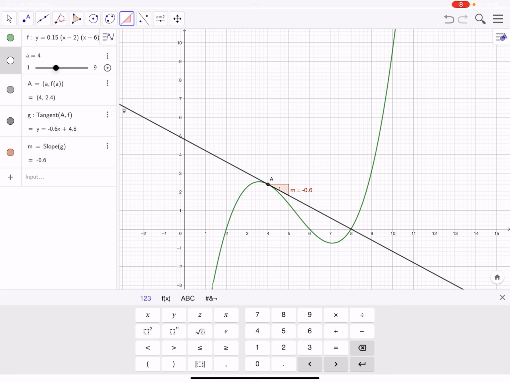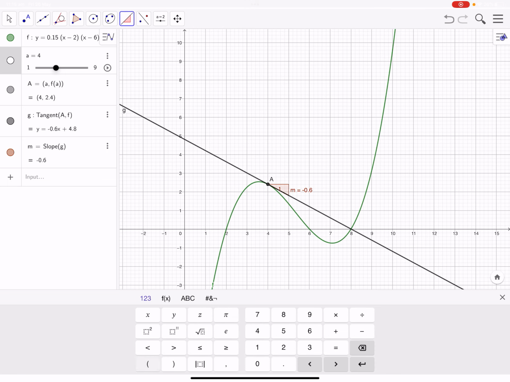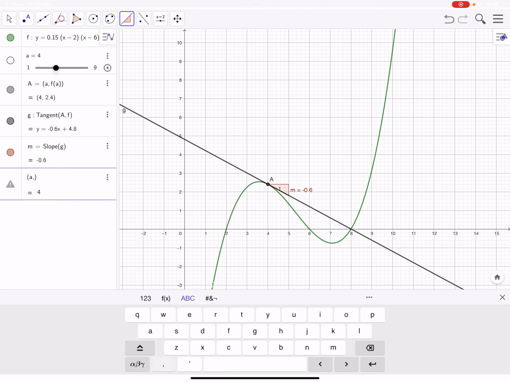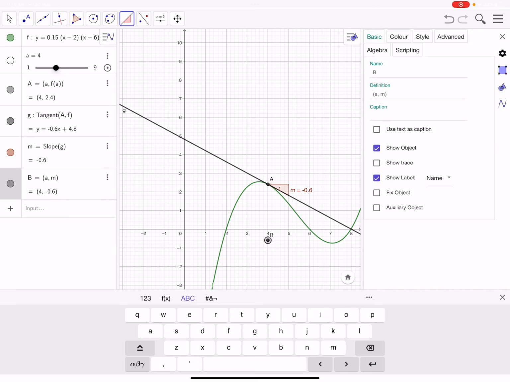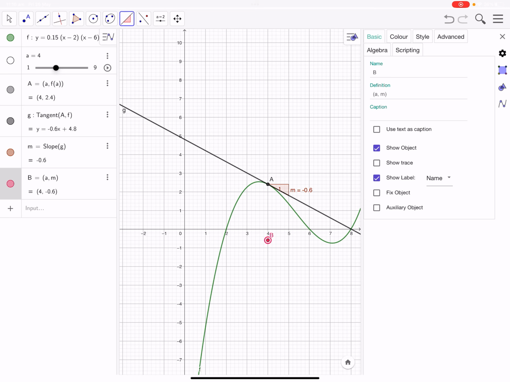So all I need to do is plot the point. So just go to input, put bracket a, m, enter. So it's plotted that point. And I'd like to maybe change the colour to that. And I'm going to turn a trace on.